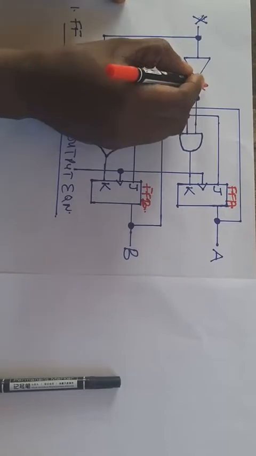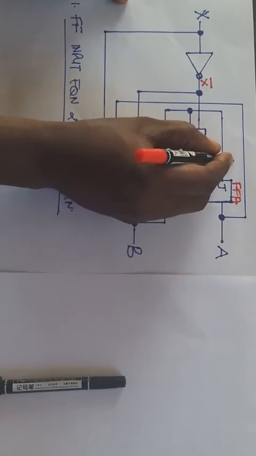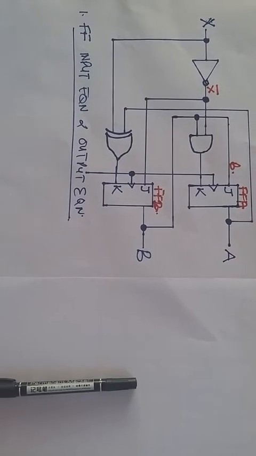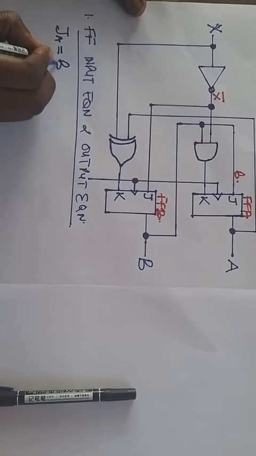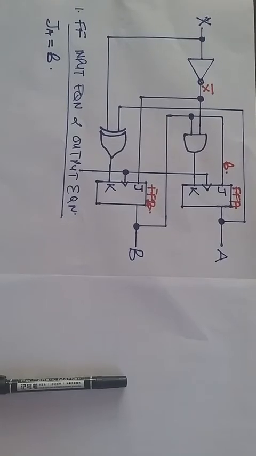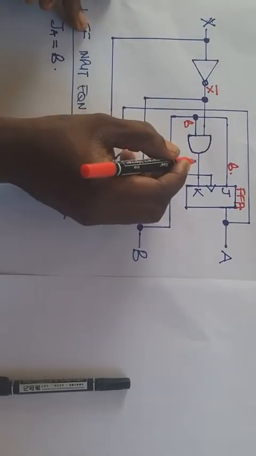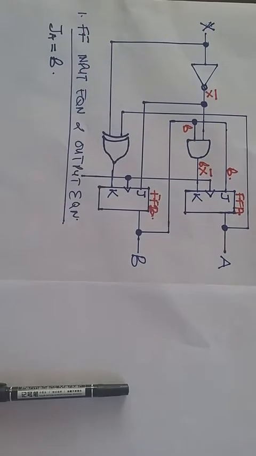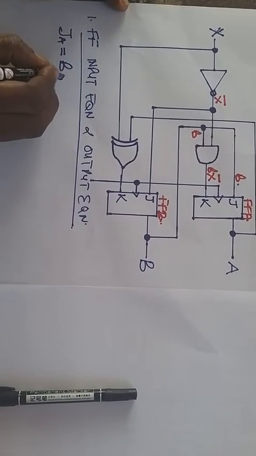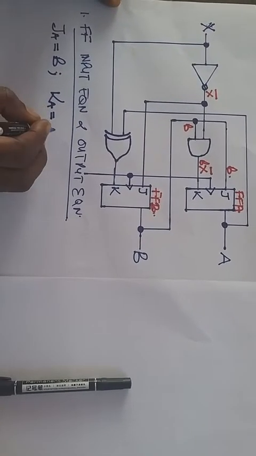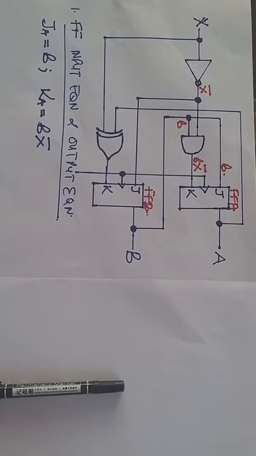Here is X bar, and then B comes here, so here is B. So our input to the flip-flop J, that is JA, is equal to B. Then let's do the K. For the K, B comes here, and this is going to be B X bar. So KA is also equal to B X bar.